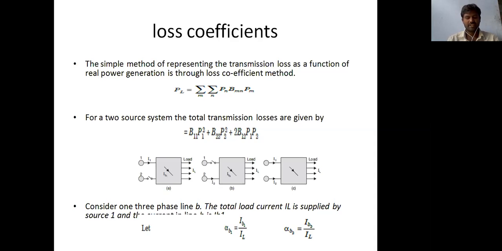Let us consider two sources supplying the entire load, and apply the superposition theorem.